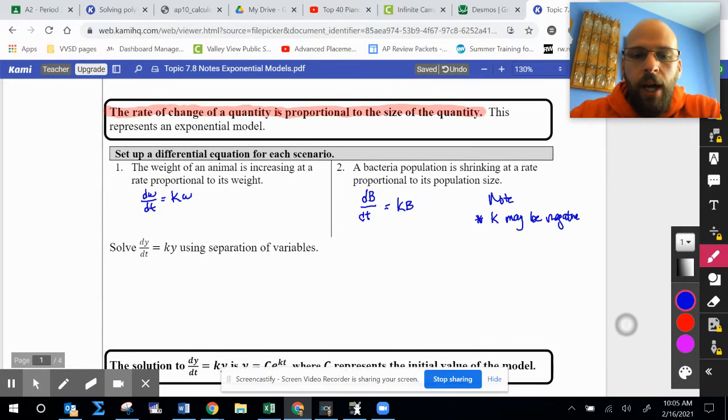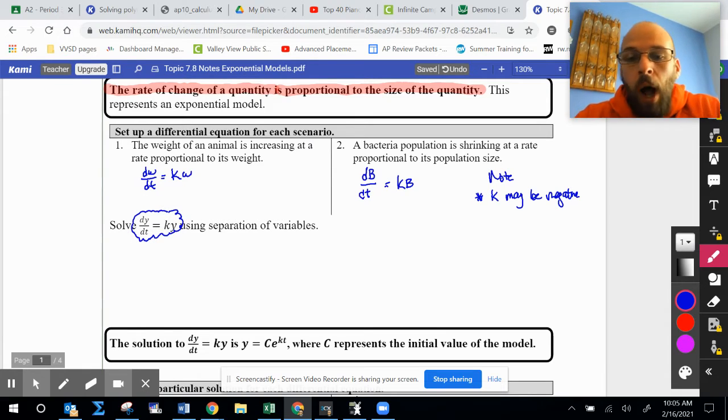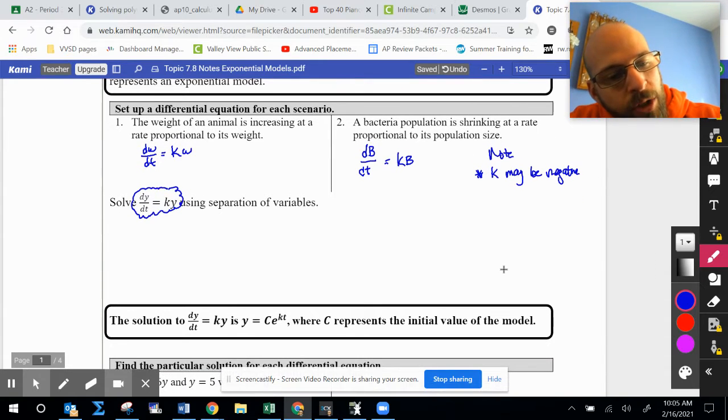Now, I do want to show you the relationship. This is your formula for exponential models, and I want to show you why. If we did this with separation of variables, so I have dy over dt equals ky, I'm going to bring the dt over.